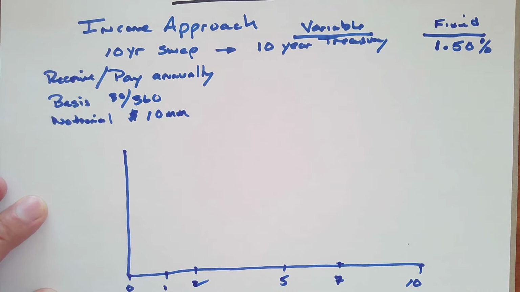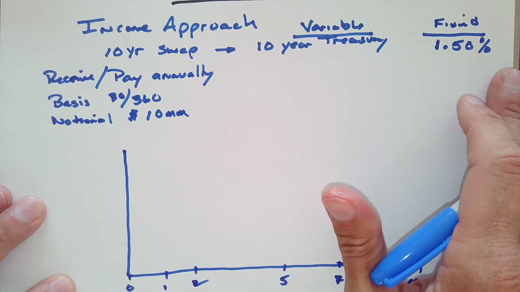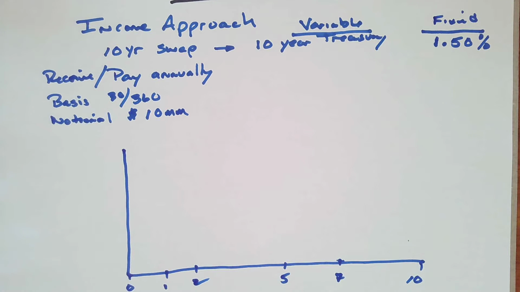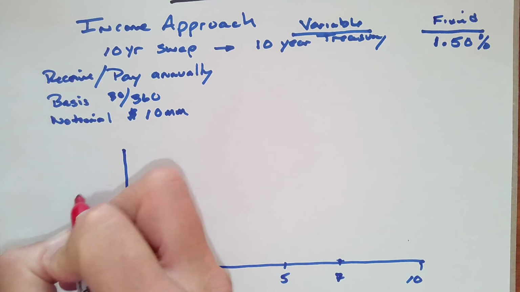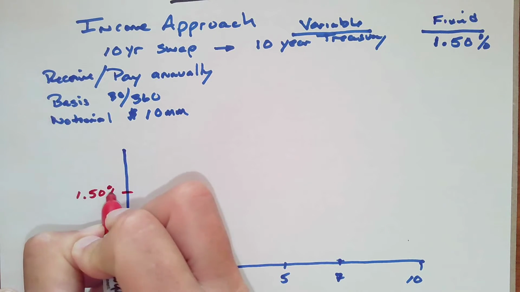Okay? And we're looking at what we believe is the forward curve at this moment in time. Right now, our fixed rate is 1.50%.